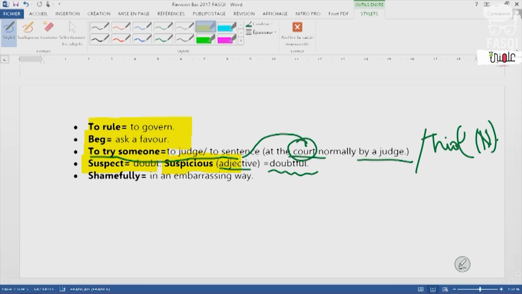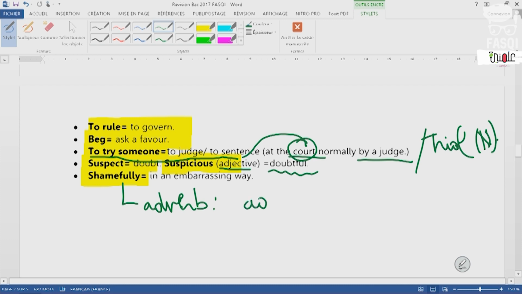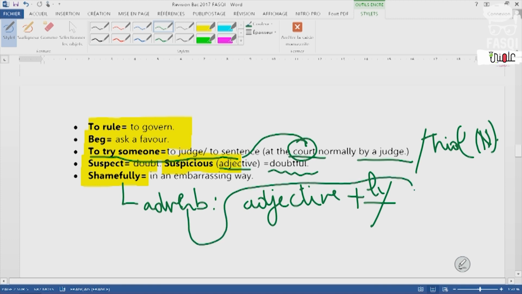I have the word here, as you see here, dear pupils. We have this word, and needless to say, that's an adverb. I would like to remind you of how to make adverbs. Of course, adverbs are made as such. You have your adjective form, and there is ly in the end, and of course this makes your adverb form.